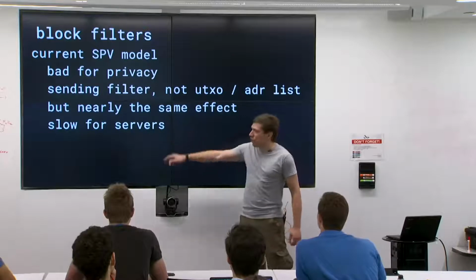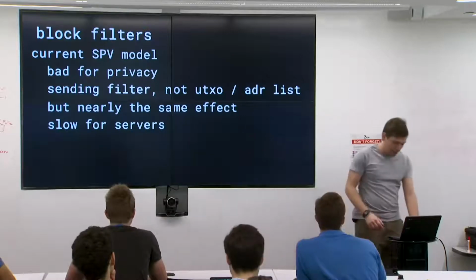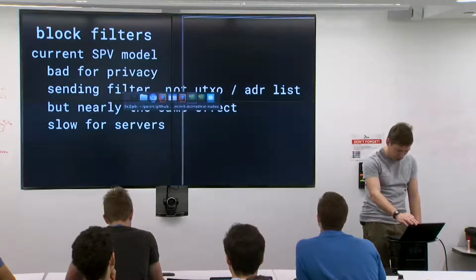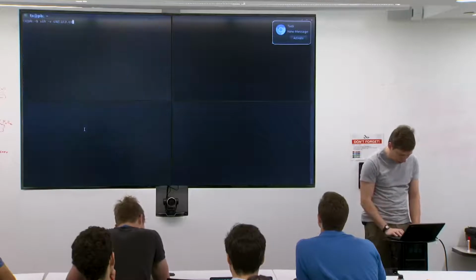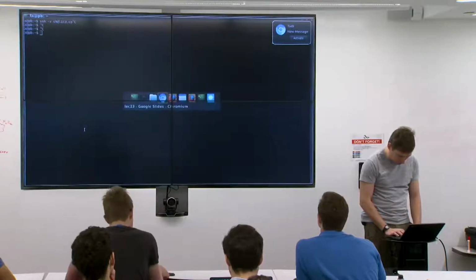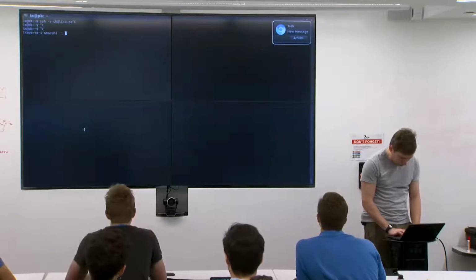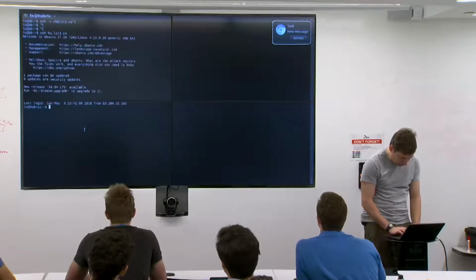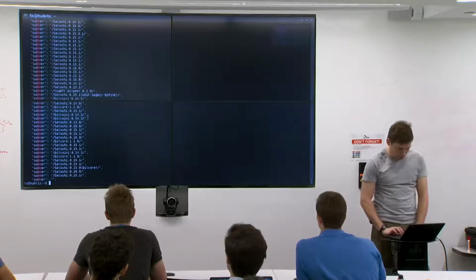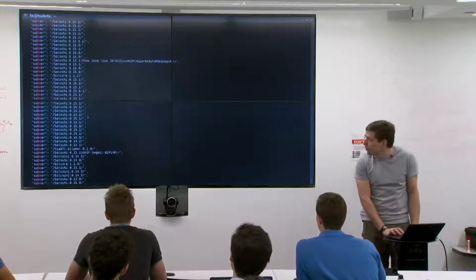It's slow for the servers. When you're running a full node, you can see all the nodes that are connected to my full node running downstairs.